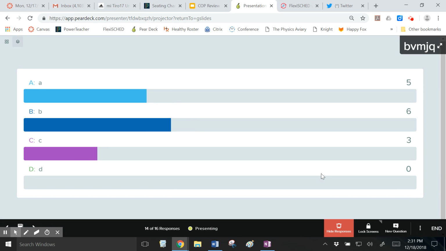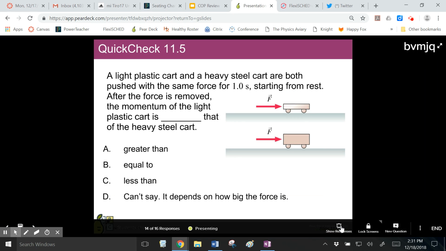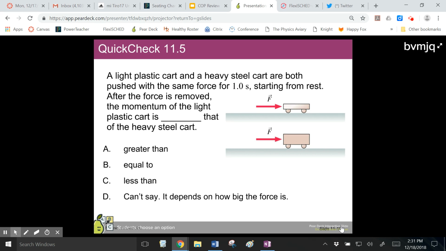Pretty evenly split over A, B, and C here. So take a moment, chat with your neighbor, see if you can change their mind.